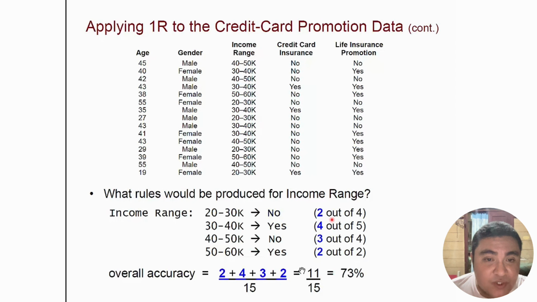Am I right? So 2 plus 4 plus 3 plus 2, that's 11. 11 over 15 is 73% accurate. So if you use this 1R algorithm based on credit card promotion, most likely you have a 73% chance that your prediction is good.